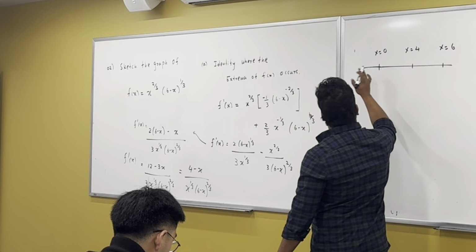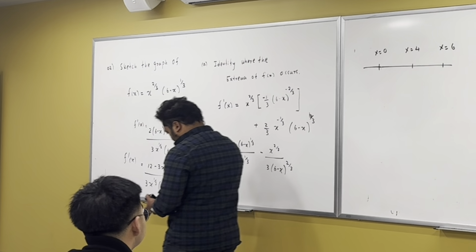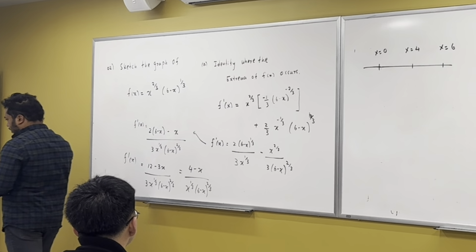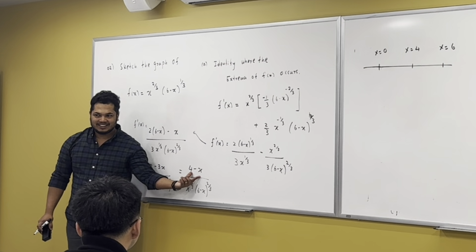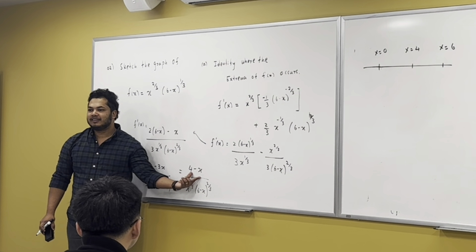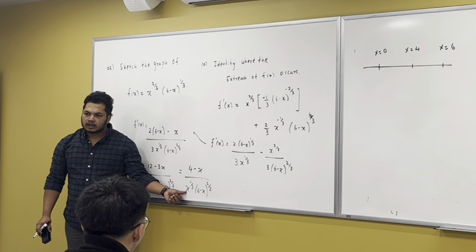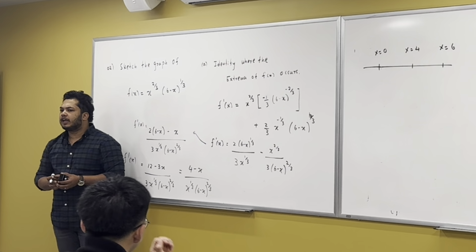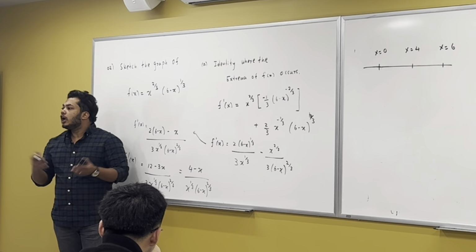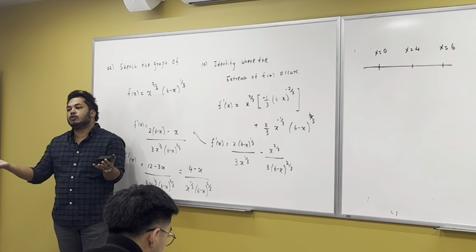What happens if you put a negative value here, like negative 1 for example? This is positive. Clear, Patrick? Yeah. And if you put a negative value here, you take the cubic root of a negative number. What is the cubic root of a negative number? Negative. Like negative 8, if you take the cubic root, it's negative 2.